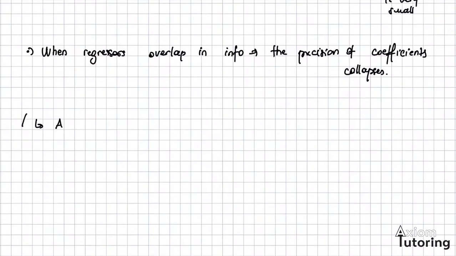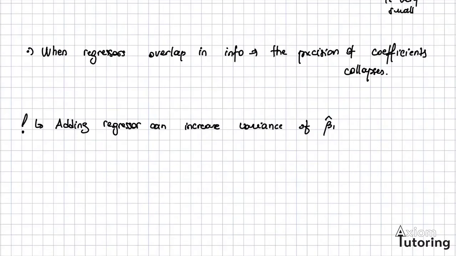So I'm just going to put an exclamation mark here: adding regressors can increase the variance of beta 1 hat, of the coefficients, even if they are irrelevant. The next key takeaway: highly correlated regressors means we're going to have imprecise estimates.